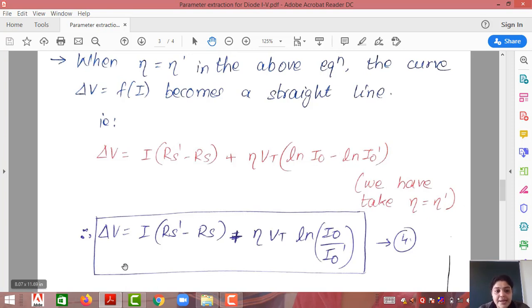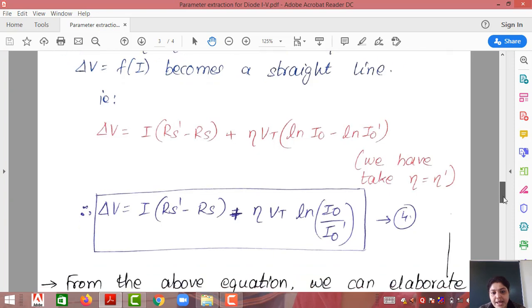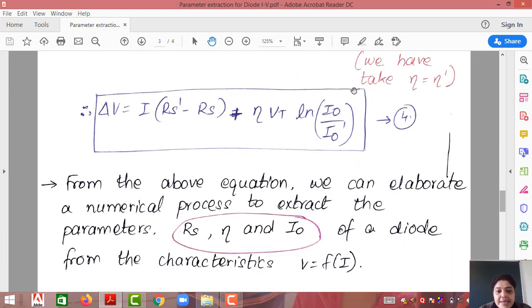Now what happens? Delta V is equal to I times Rs dash minus Rs, plus, since I can write ln A minus ln B as ln A by B, eta Vt ln of I0 by I0 dash. Now you can say that this equation actually represents the equation of a straight line.